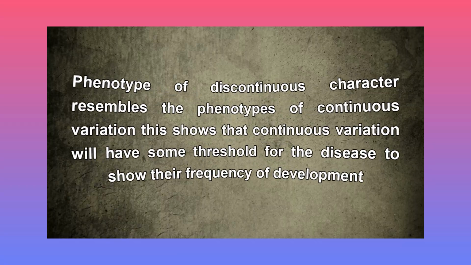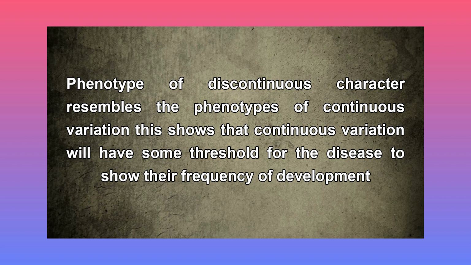Some of the diseases fall into a discrete condition and are discontinuous. Some other diseases show a continuous development of the phenotypes in a gradient pattern and are continuous characters.